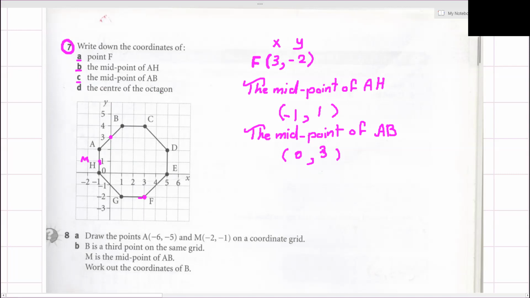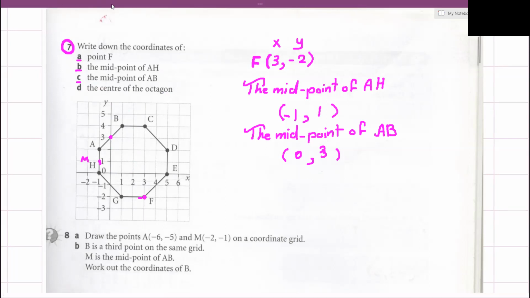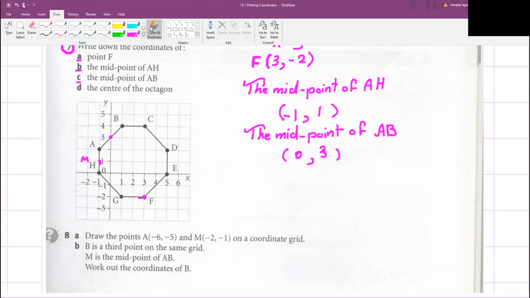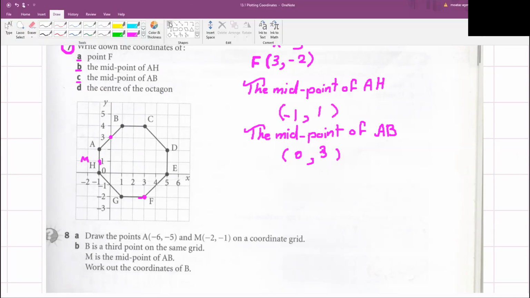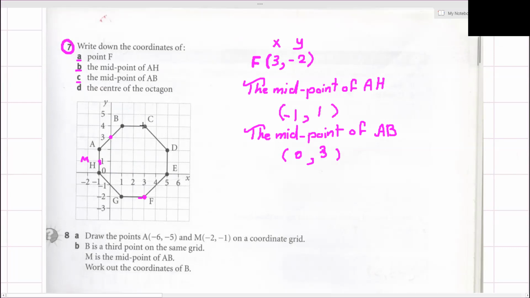The next, the center of the octagon. Where's the center of the octagon? It's here. But we can find it by drawing the diagonal. Let's see together how to find the center.